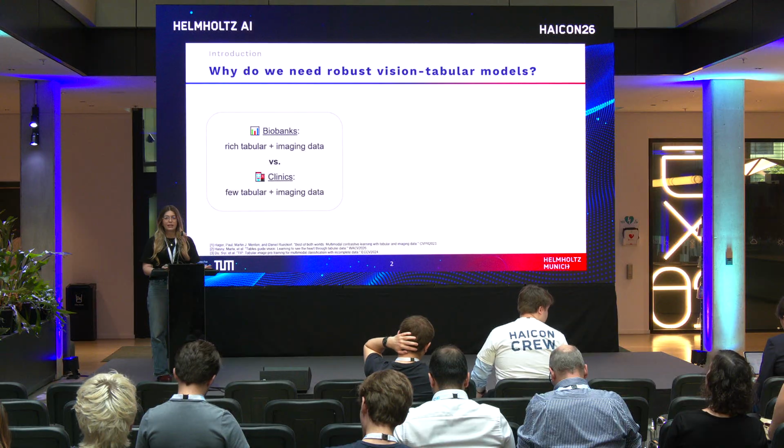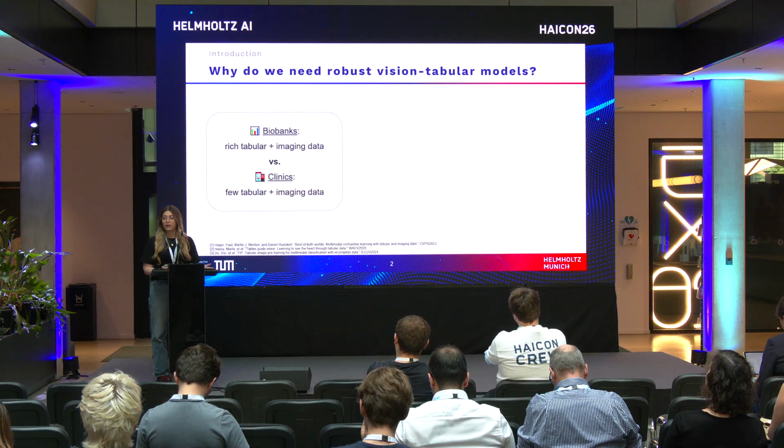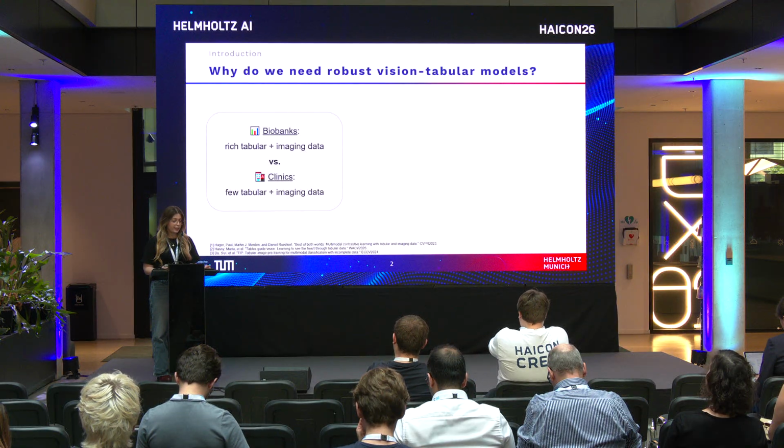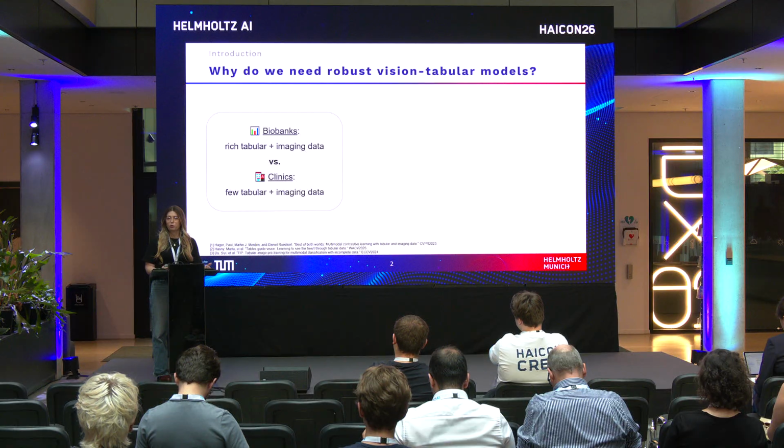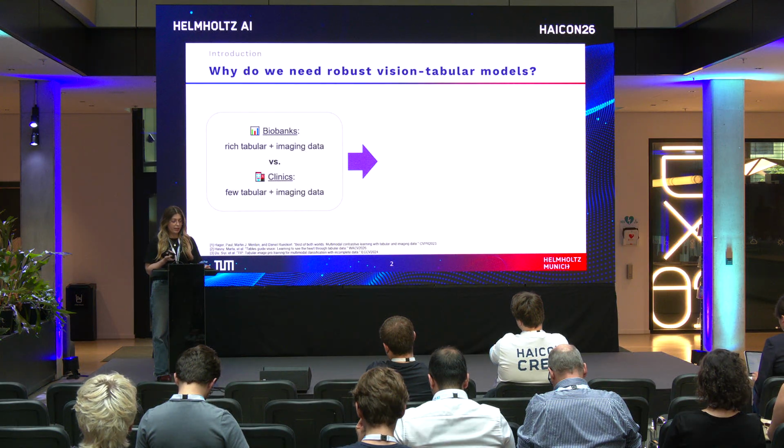However, what happens in the clinics is that they simply don't have time to collect such extensive tabular data, and so that creates this disparity and also uncertainty of what tabular attributes we will actually be able to use at inference. So from this, two main research areas came out.